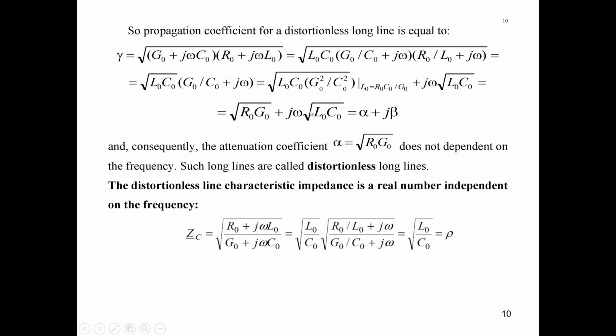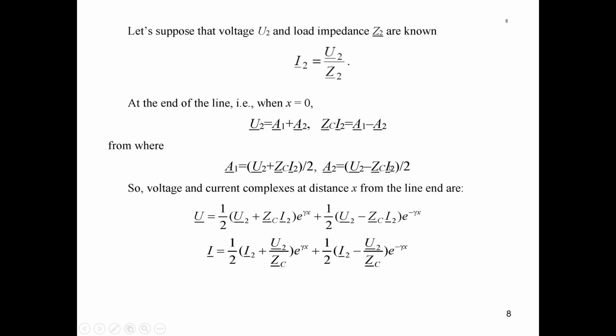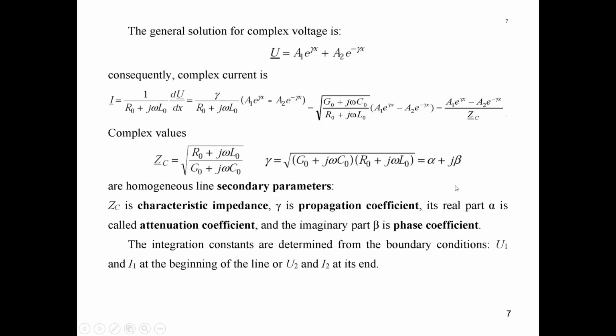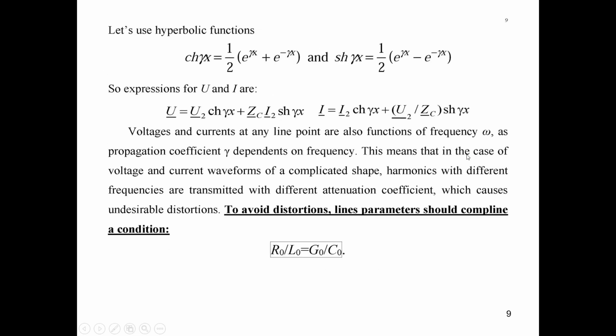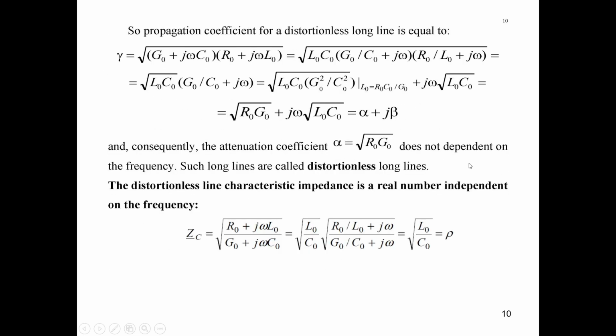And it will be j omega times the square root of L0 C0, okay, and this real part is called the attenuation coefficient alpha, and this second imaginary part is called the phase coefficient. So the attenuation coefficient equals the square root of R0 G0, and it does not depend on frequency.